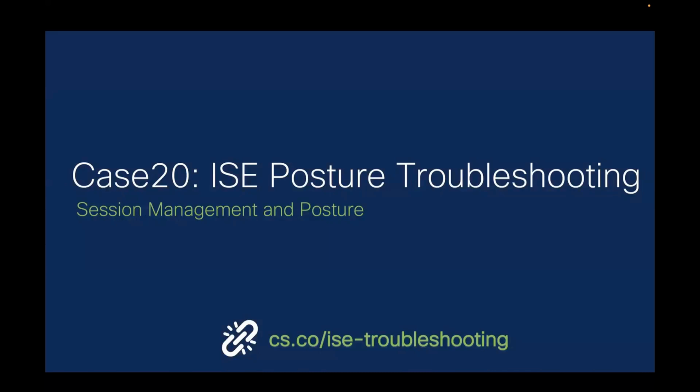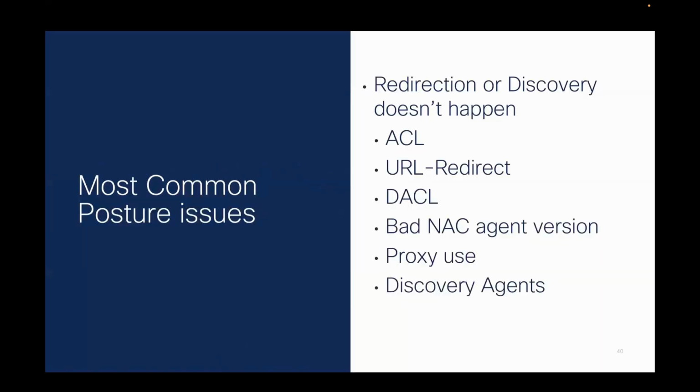Now let's try the same thing on the posture service. On top of AAA, what happens if there is a problem with the posture? The common thing is that most often you're going to get issues like: my AnyConnect agent doesn't even discover the PSN. It gives me the unknown access all the way. It doesn't even give me the compliant access at all.